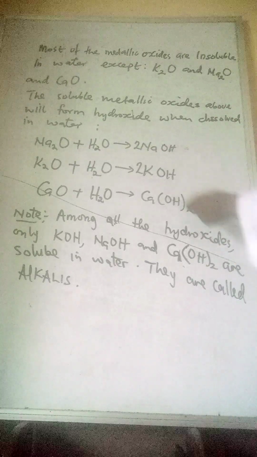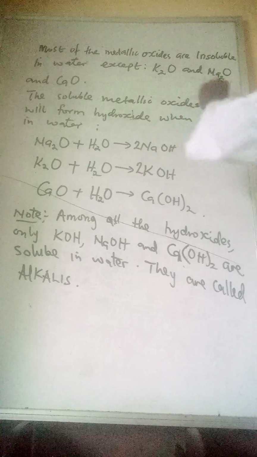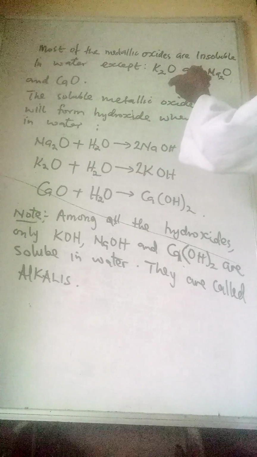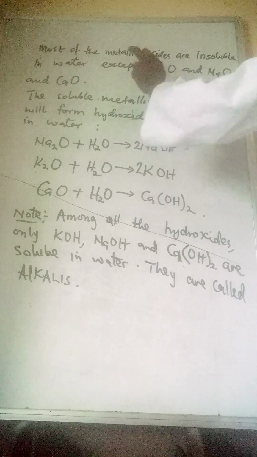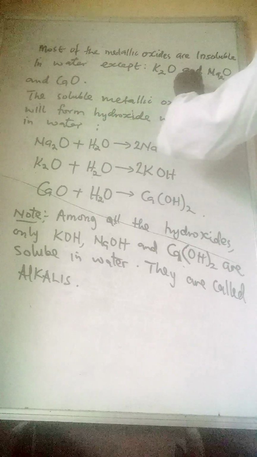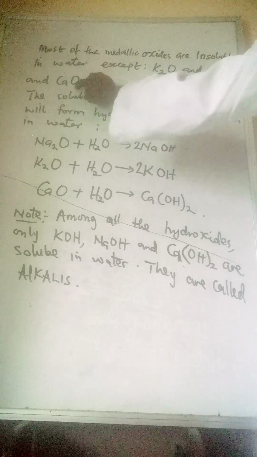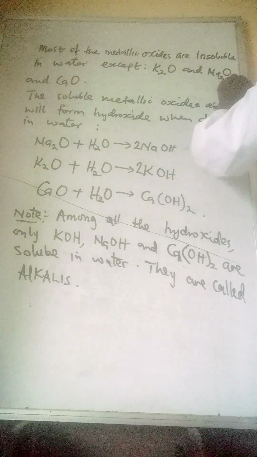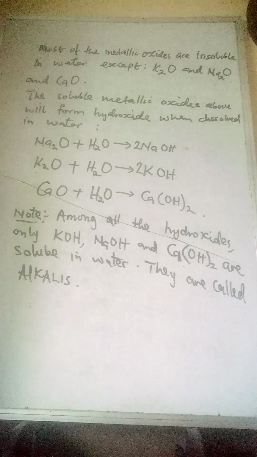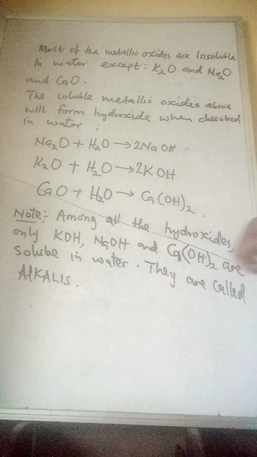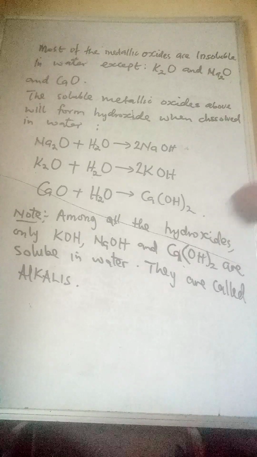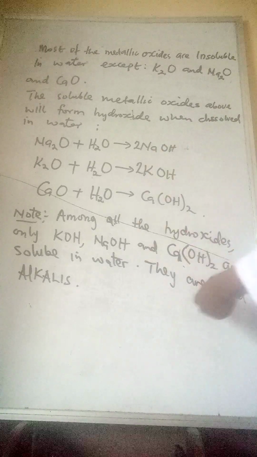Soluble hydroxides. I did not say soluble oxides. The fact that these oxides are soluble in water does not make them alkalis. So calcium oxide, potassium oxide, sodium oxide are not alkalis. But they form hydroxides, which further dissolve in water, and are called what? Alkalis.